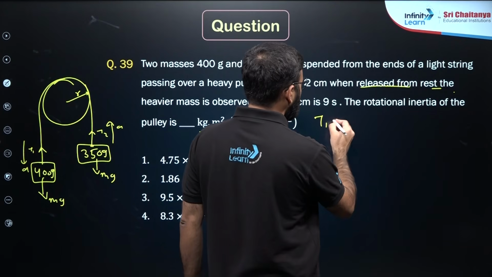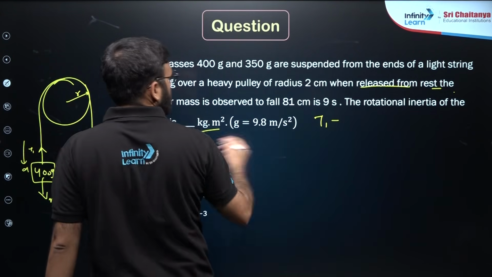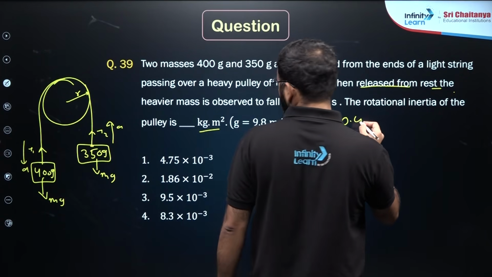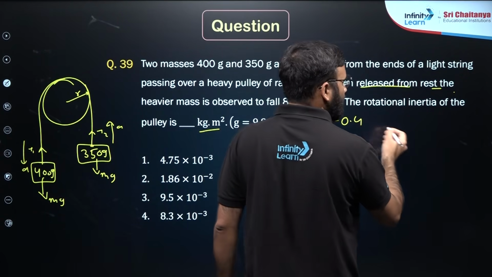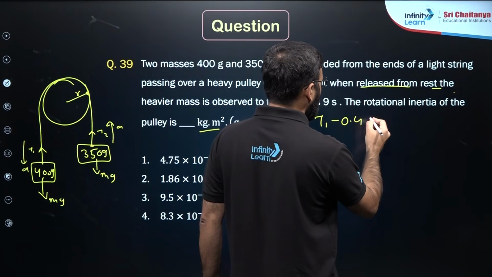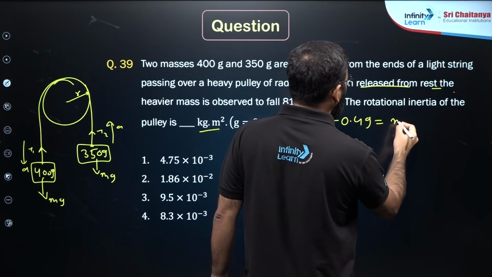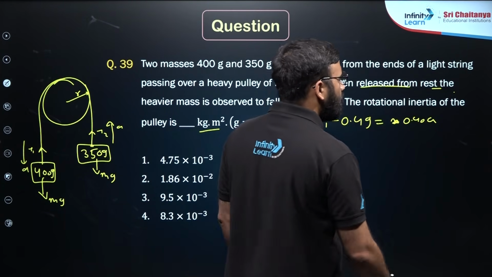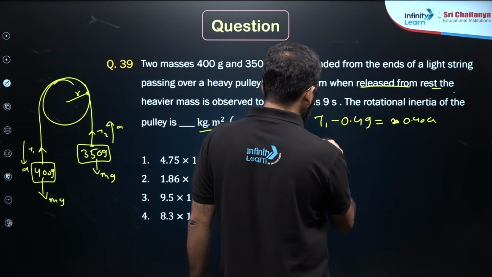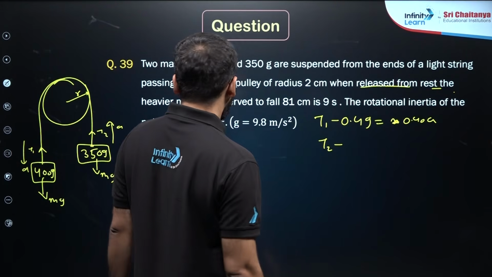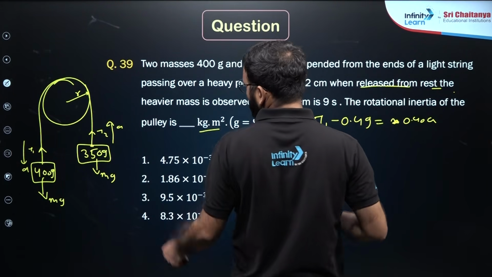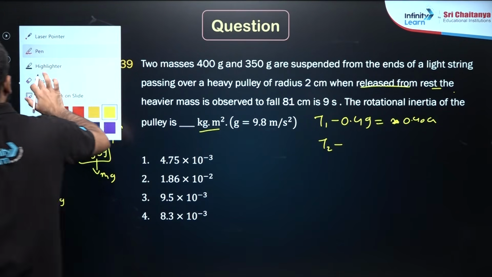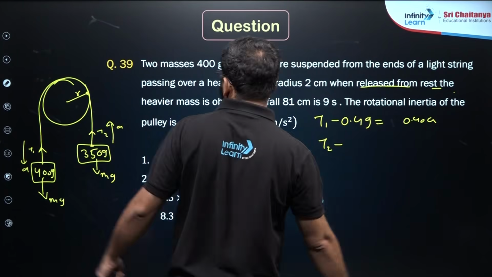So T1 minus 0.4 g equals m into 0.4 a. Okay, g I will just write. Similarly you can write for T2. What is T2? T2 minus 0.35 g, sorry, and there is also a negative, because the downward direction we are considering as negative.